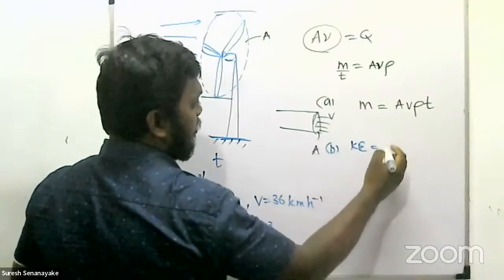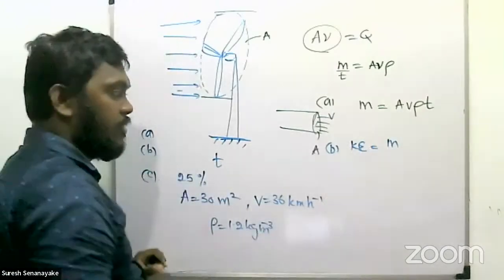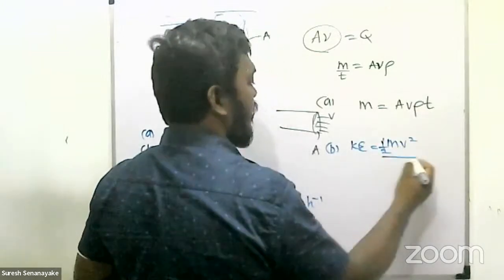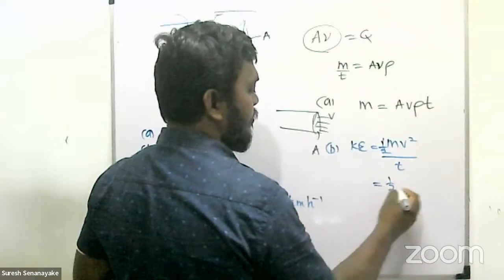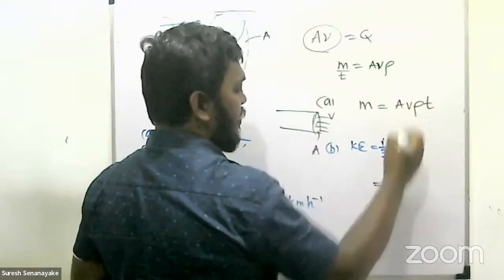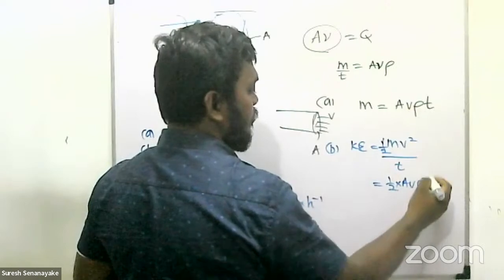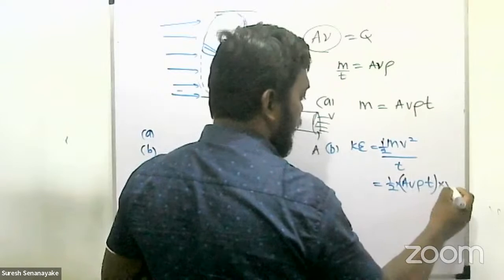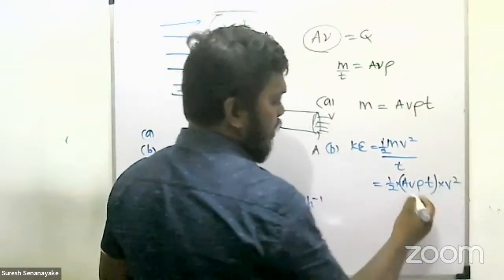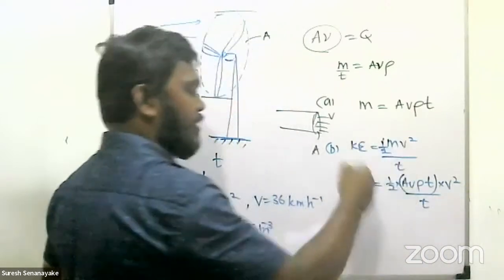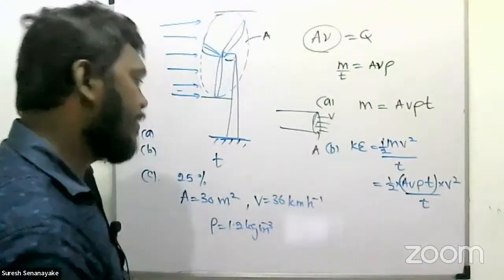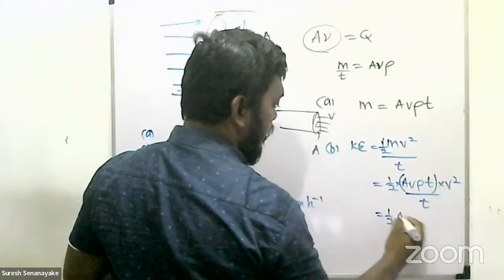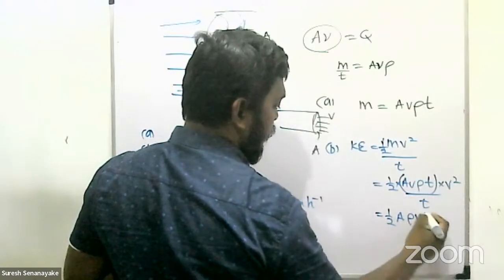KE is half m v square, so multiply by the time: half mass in time t is A rho v t, that mass times v square, divided by time. Actually this kinetic energy per unit time is the power, right? So t cancels, and it's half A rho v cube.